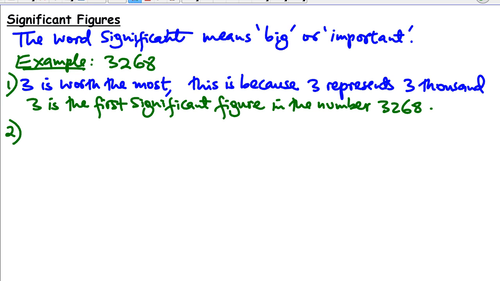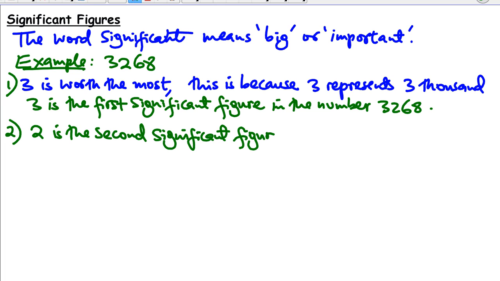Again, another thing that we can say is 2 is the second significant figure. Okay?